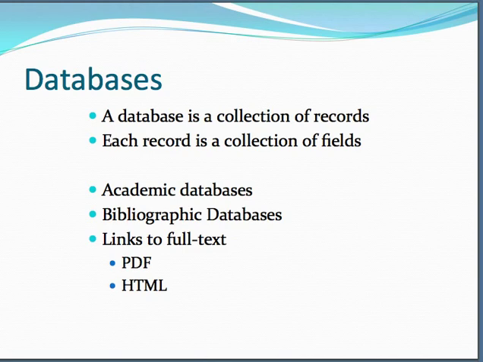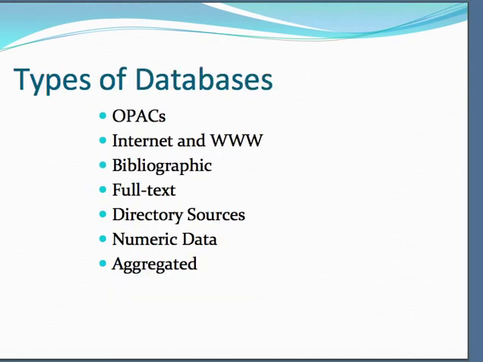And we may also have links to HTML full text, or hypertext links to other articles. So we can move from one article to another, and that's pretty neat, and that's a great advantage of using databases. Okay, but again, it all depends on the type of subscription that you have in your library, because information is very expensive.